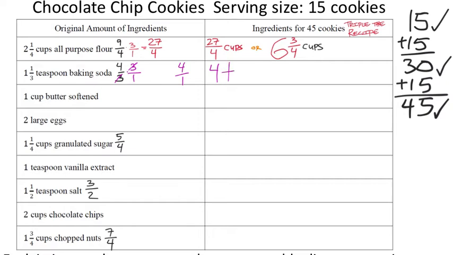So that'd be 4 teaspoons of baking soda. Okay, so that was nice tripling when you're dealing with thirds because it really just kind of cancels away those thirds right there. So let's go ahead and triple 1 cup of softened butter. So 3 groups of that 1 cup, well, that'd be 3 cups.